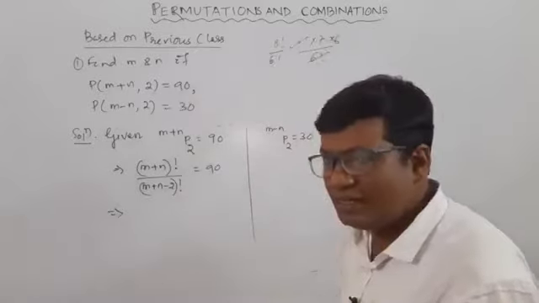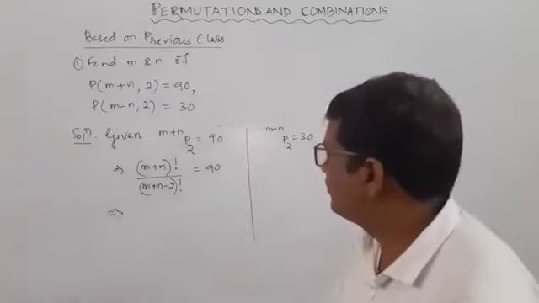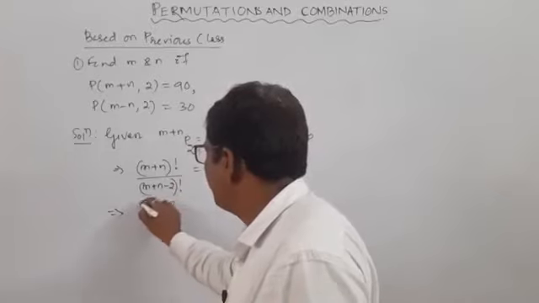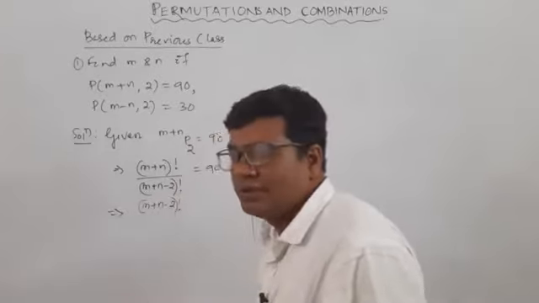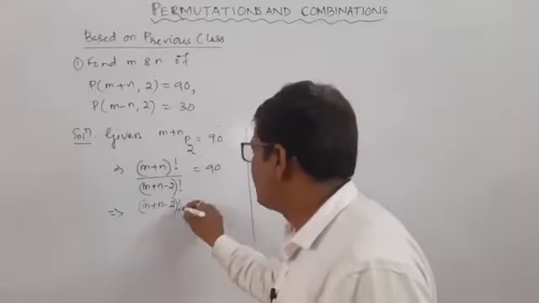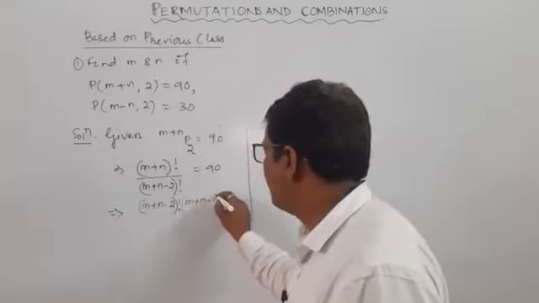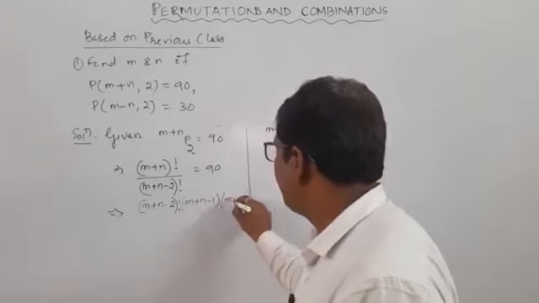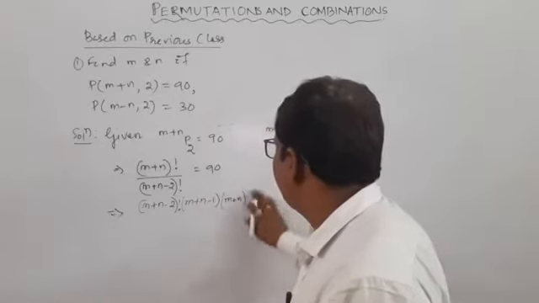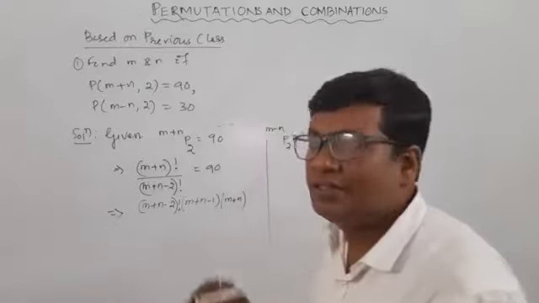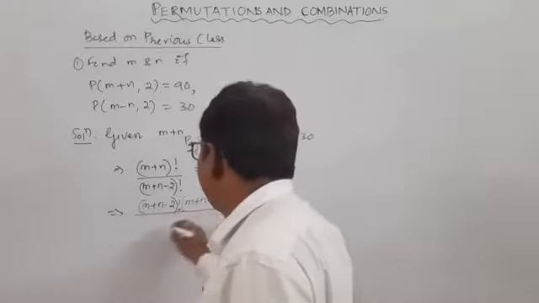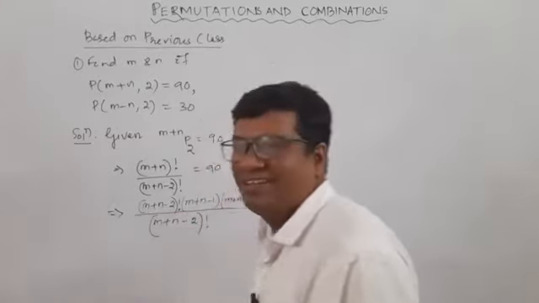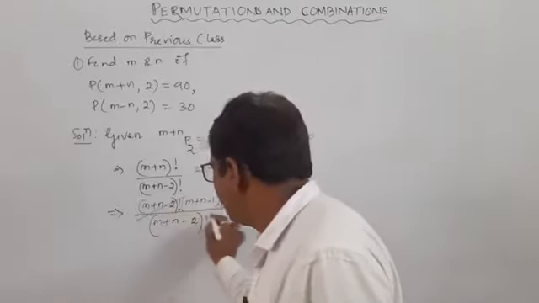Similarly, (m+n-2)! into (m+n-1) into (m+n), divided by (m+n-2)!. Very easy, this term cancels.